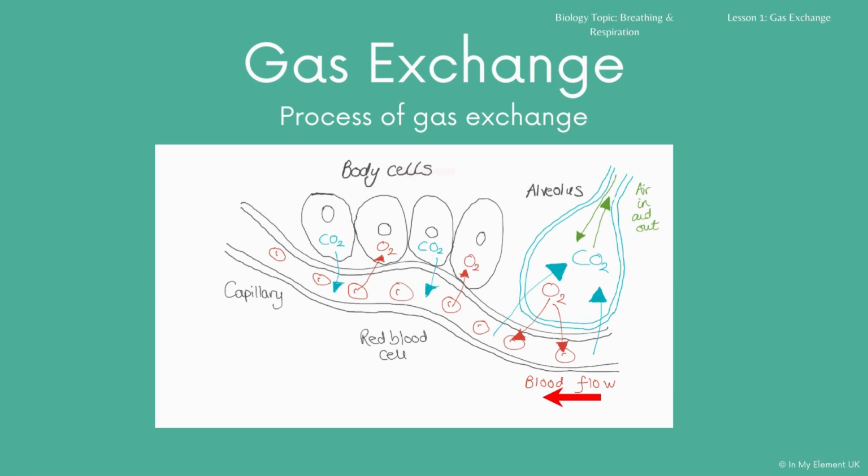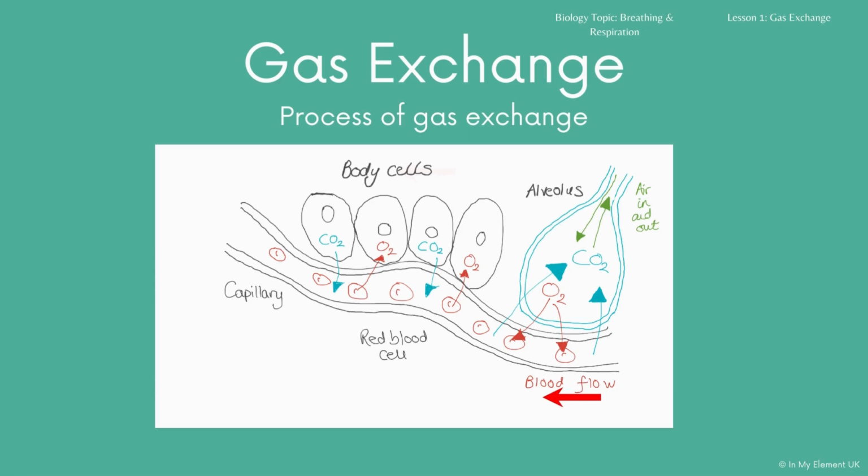These red blood cells, when the oxygen is in high concentration in the alveolus, it will diffuse across the wall of the capillary into the red blood cell. Red blood cell travels along here and then it will diffuse where it's in high concentration here compared to a body cell, and it will diffuse into the body cell where it's required.